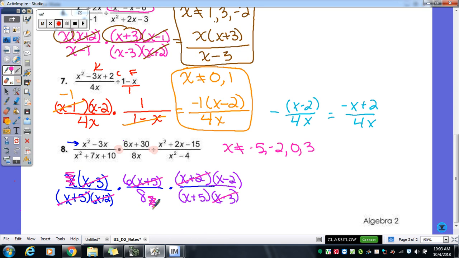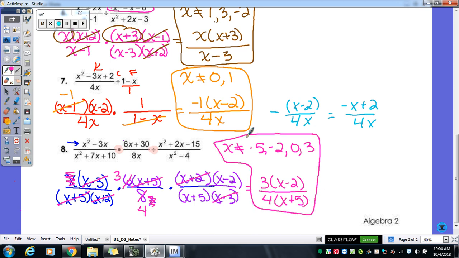Now we can also reduce those numbers, 6 and 8. What can we divide those both by? I already said it. That'd become 3. That one would become a 4. So up top we would have 3 times x minus 2, because that's all that's left, over 4 times x plus 5. So from all that we started with, that's what we end up with.